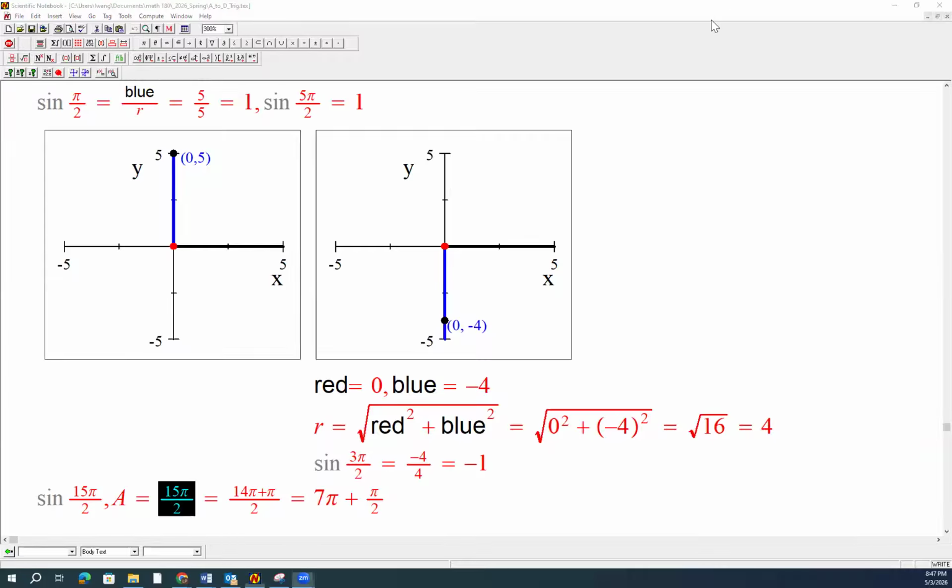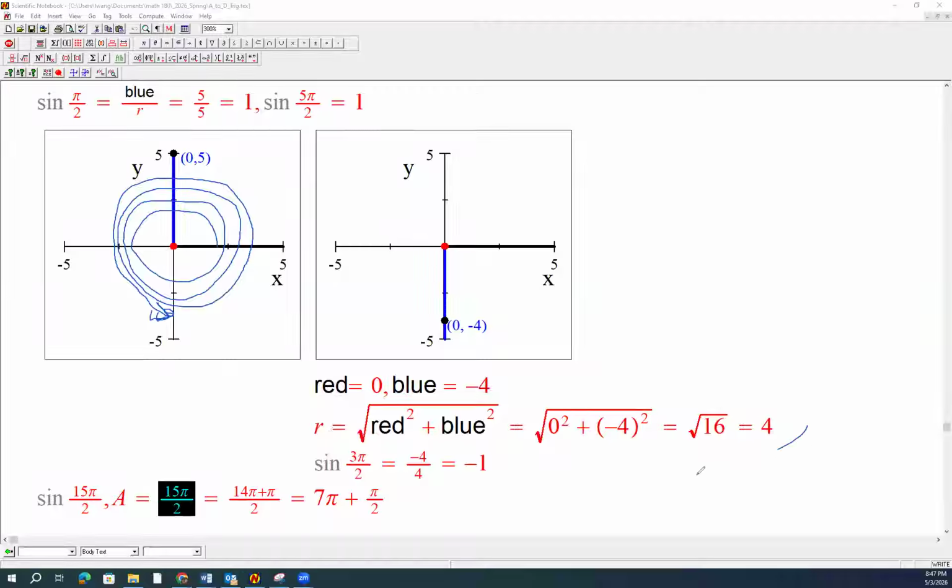Okay, so let's start measuring. Starting from here, that's 1 pi, 2 pi, 3 pi, 4 pi, 5 pi, 6 pi, 7 pi, and add another pi over 2. So this is the terminal. The terminal is the negative direction of the y-axis. You guys follow me?